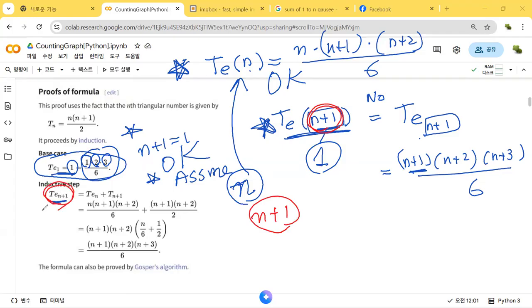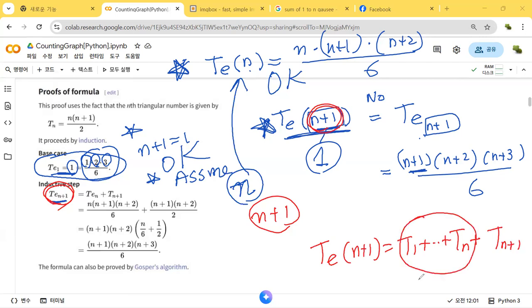But then in this case, the tetrahedral number n plus 1 is, by definition, T1 plus ... plus Tn plus Tn plus 1. Okay. So this part is the tetrahedral number up to n, plus this.